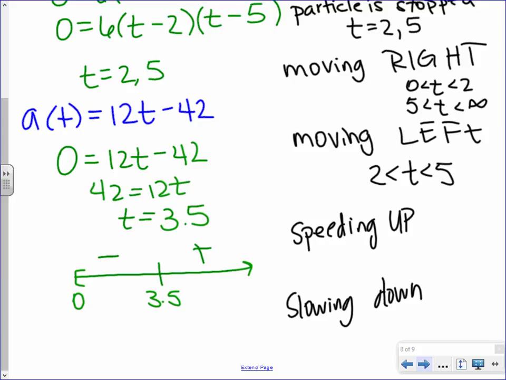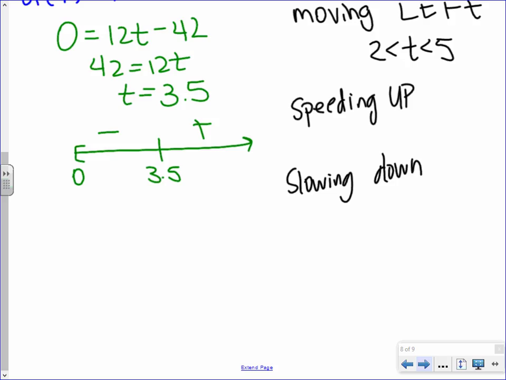All right? So, from 0 to 2, we have positive velocity. From 0 to 2 here, we have negative acceleration. What does that mean? Different signs, so we are slowing down.